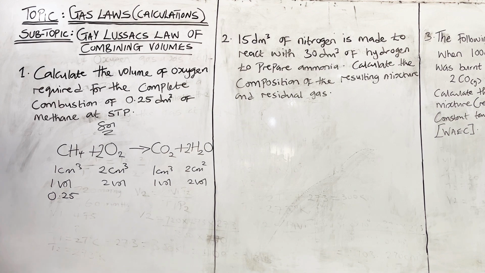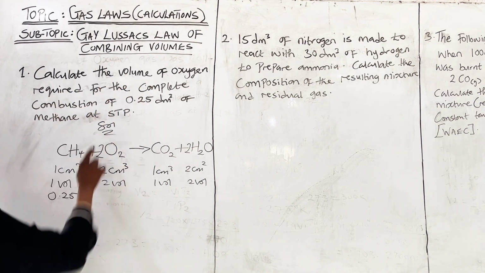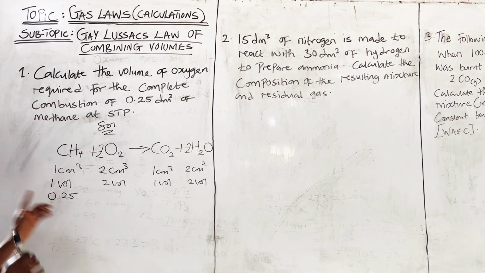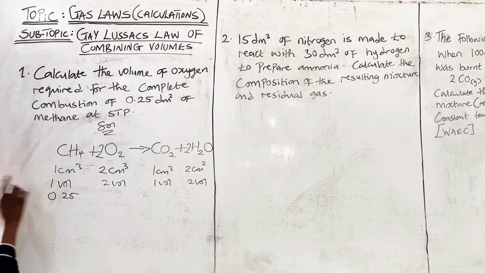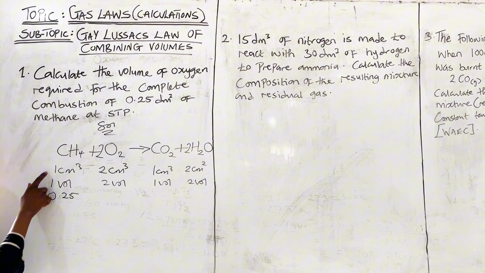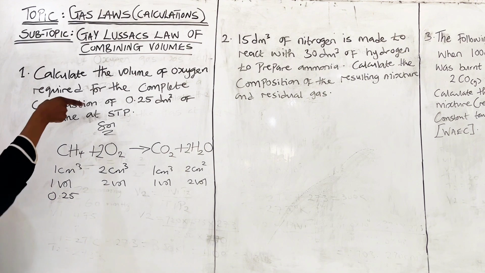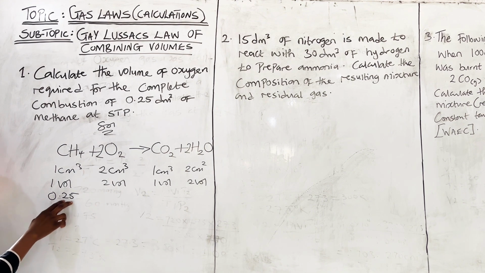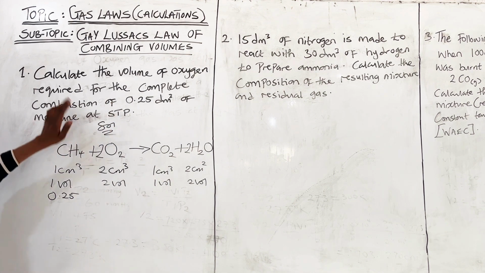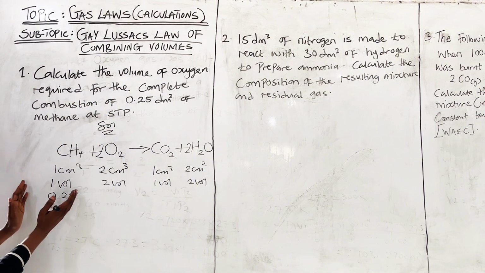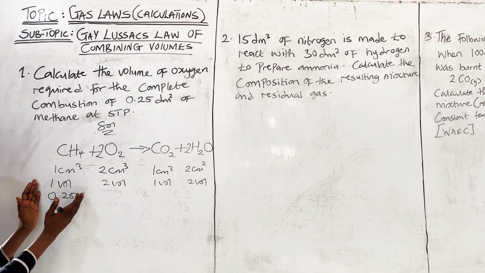They were asked to calculate the volume of what? Oxygen. Now, pay attention: if methane is 1 cm cube, because we have 1 here, and the question told us that it has a volume of 0.25, and you are asked to calculate the volume of oxygen required for the complete combustion of this 0.25.